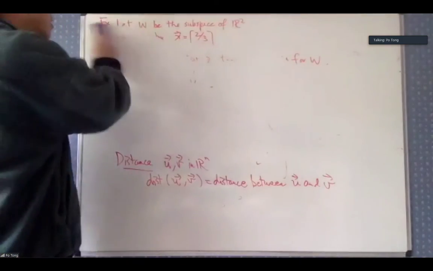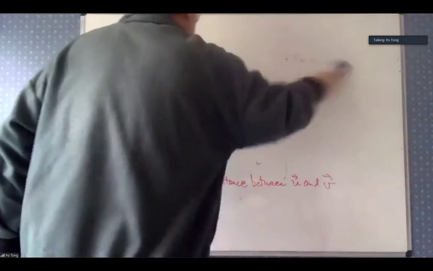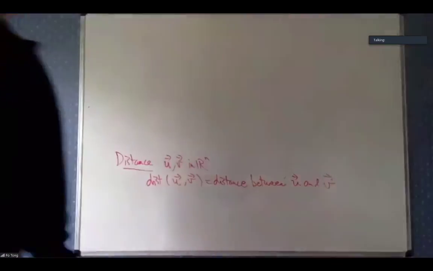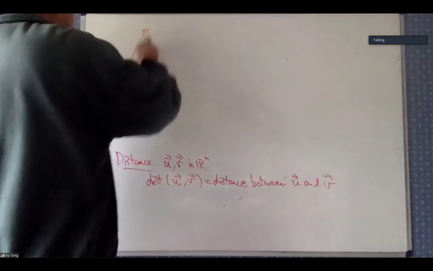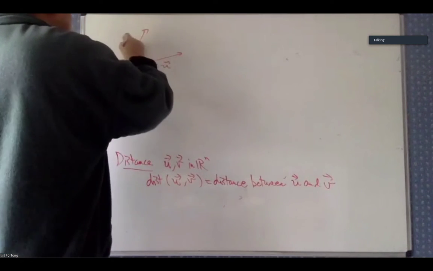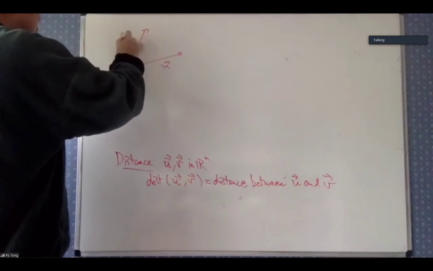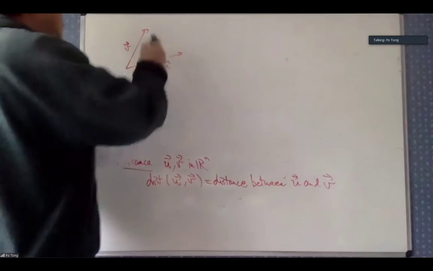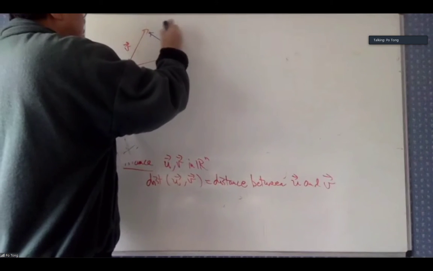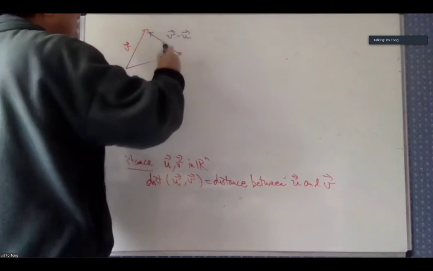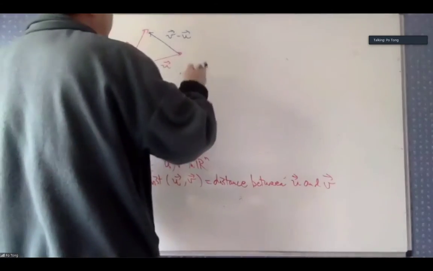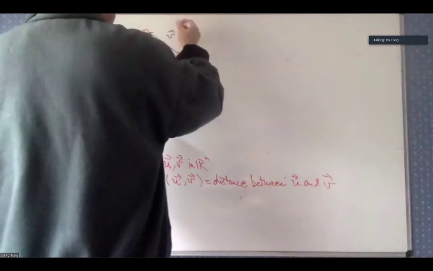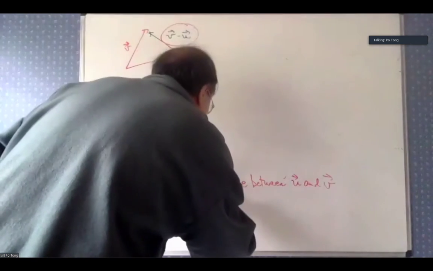How is that defined? The distance between you and me is just this vector, which is v minus u. So the distance is just the length of this vector.